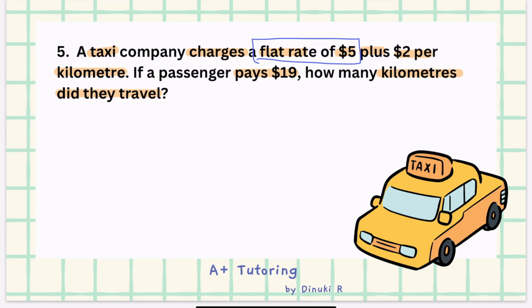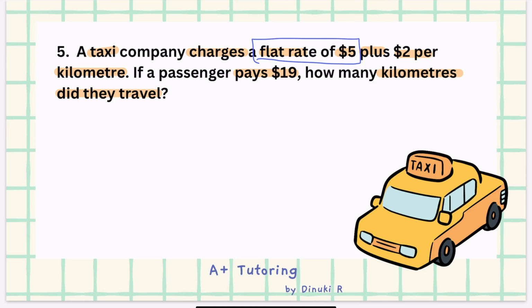You're going to be charged that $5, and then depending on how many kilometers you travel, that additional amount has to be added. So the rate that depends on the number of kilometers is added to that $5. You're going to be spending $5 no matter how many kilometers you travel, essentially.